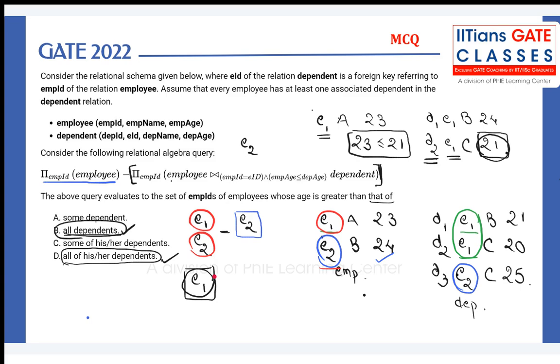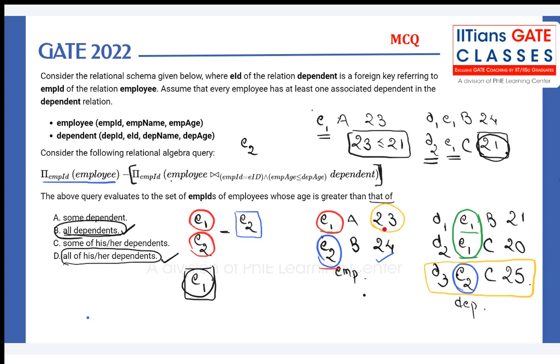If you say that option B is correct, technically I can find a dependent, in this case D3, who has an age more than that of E1. Can you guys see that? So if I answer B as correct, then I am in trouble. Do you guys understand?